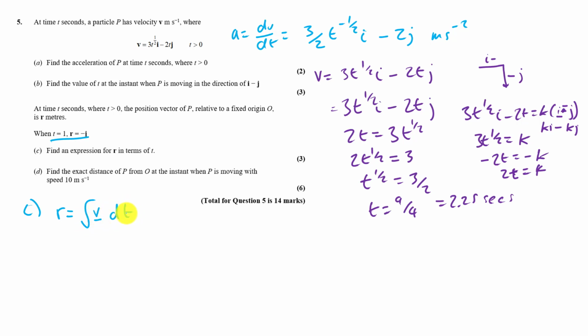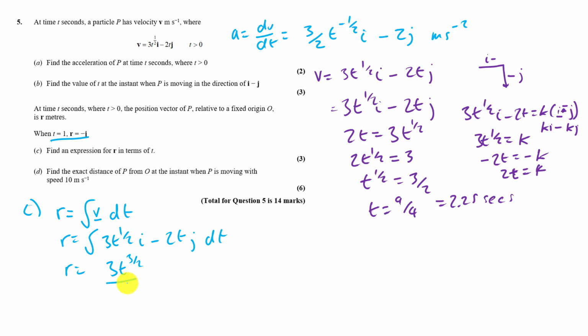Now we've got v, so r equals this, technically your ideal working out. j with respect to dt, writing that correctly is going to be worth a mark. So we integrate that, show your steps, because this section will be worth a mark.